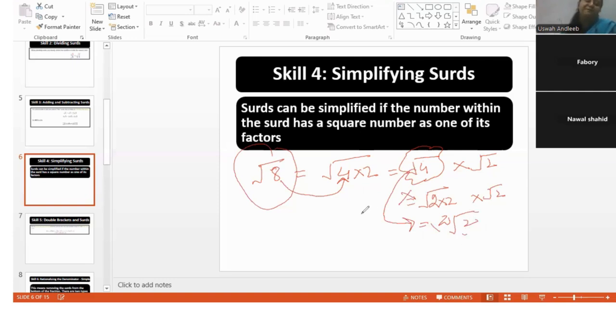For example, if you are given any number and you are unable to figure out on which table the square number is going to come, then the easy thing is that you can go for prime factorization. For example, I'm given the number 625. Now it gets a bit difficult to figure it out, or some people might be able to figure it out.